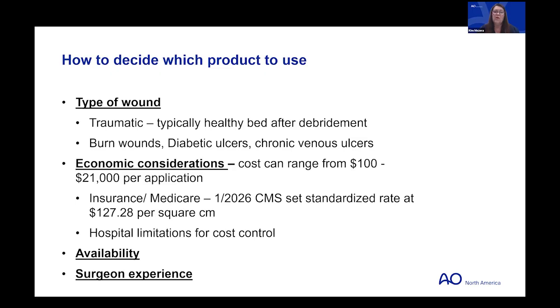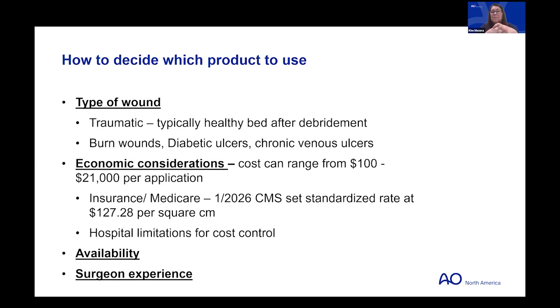And the type of wound. When we look through our cases later, we'll talk mostly about traumatic wounds and some other issues, but typically the traumatic wounds after an initial debridement tend to be pretty healthy and have a pretty healthy bed, versus a burn wound or a diabetic ulcer or a chronic venous stasis ulcer.